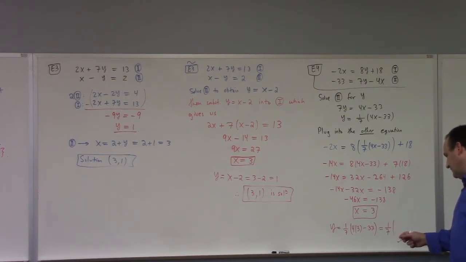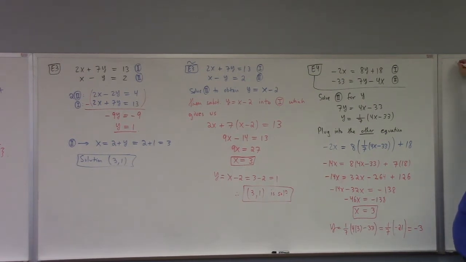It's negative 21, which is minus 3. So the solution here, we found the solution is, in fact, 3, minus 3.